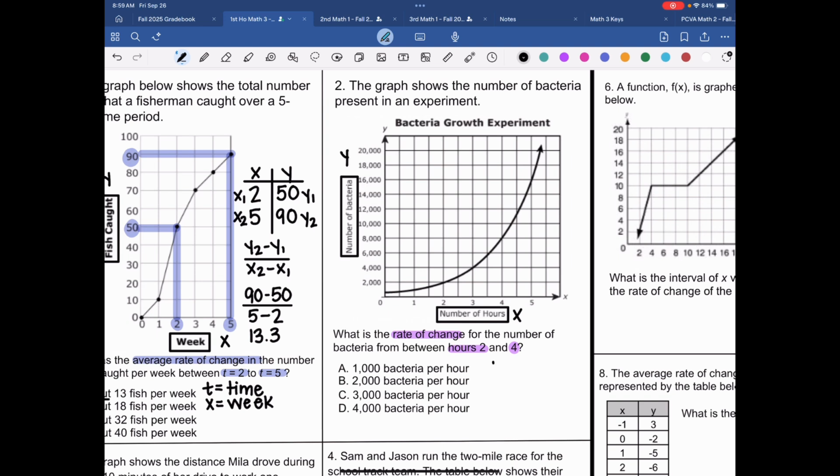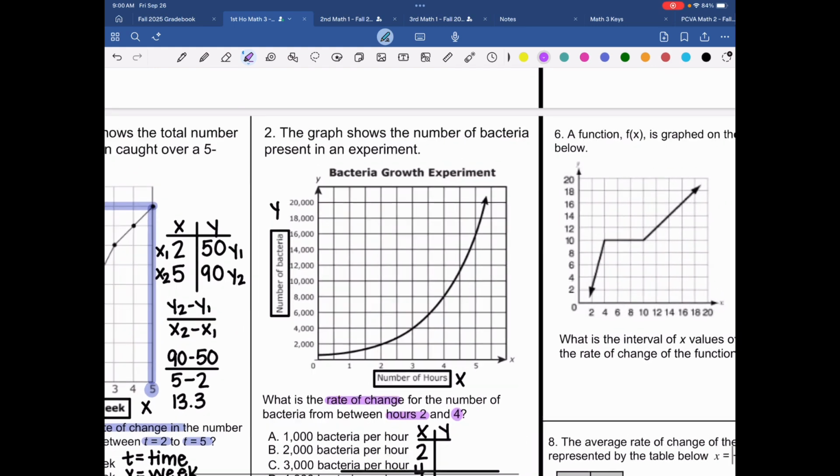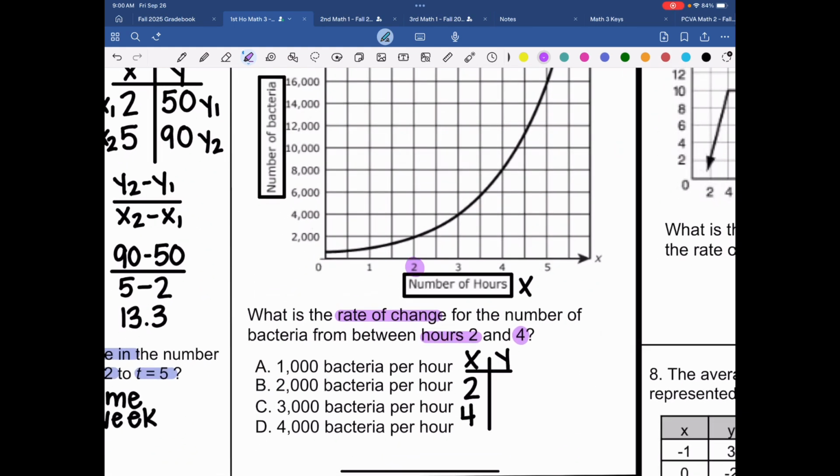So we're going to create ourselves a table, and we're trying to find the values between 2 and 4. We go to our graph and find 2, and we see that 2 corresponds to 2,000. Then we go to 4, and at 4 that corresponds to 8,000.